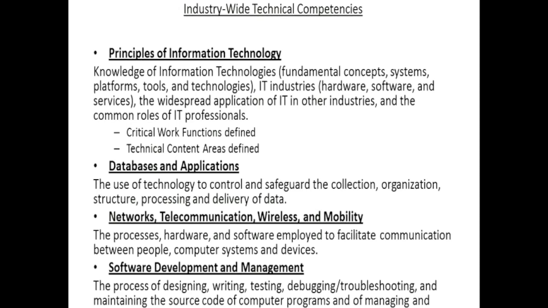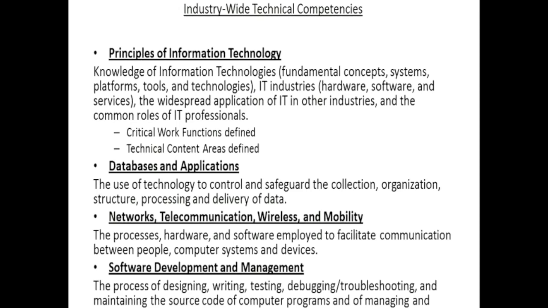In the next slide, I pull out the technical competencies and give you the headings, and a few words about what defines these. Let's look at the first one for the moment: Principles of IT. There's a blurb there as to what that means. Again, this is in the context of the U.S. Department of Labor model. But to be fair, there are two important sections that are omitted, which are my indents: critical work functions and technical content areas.